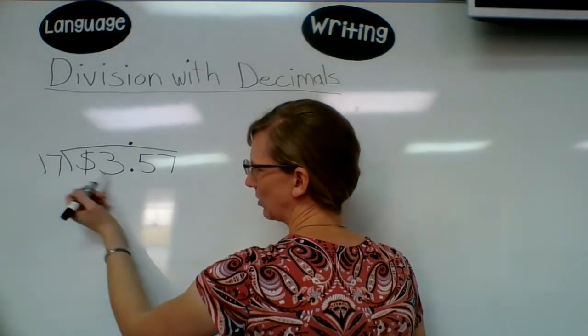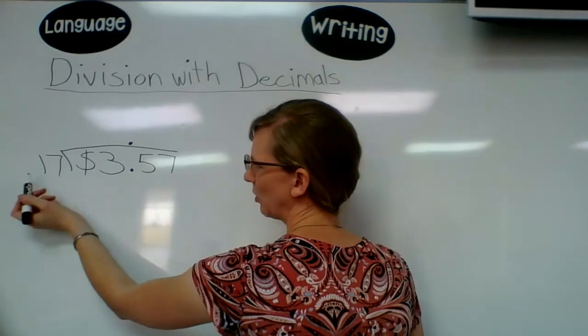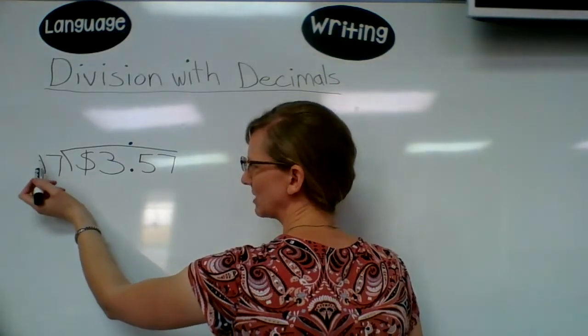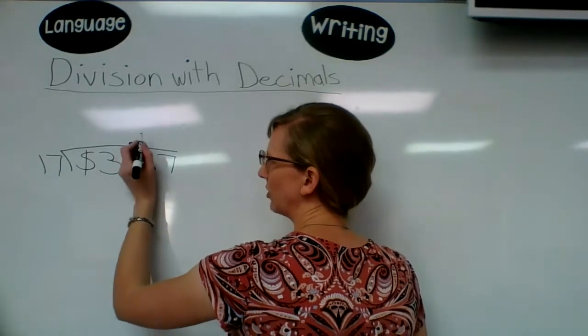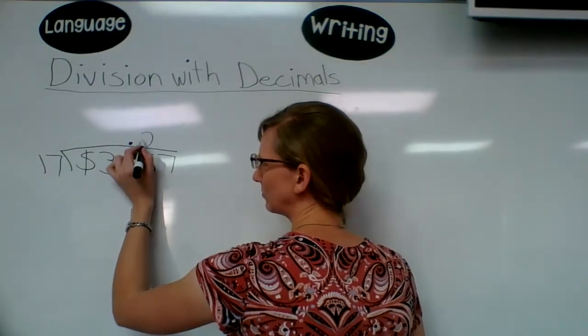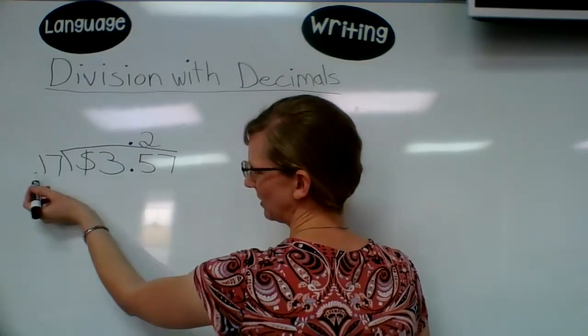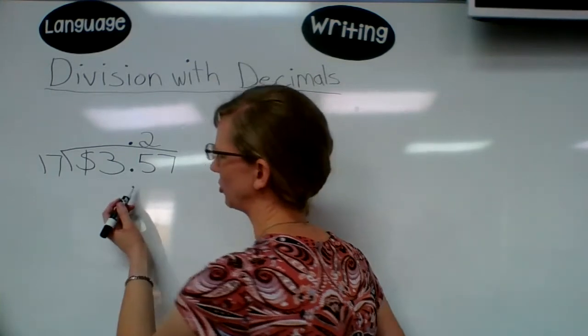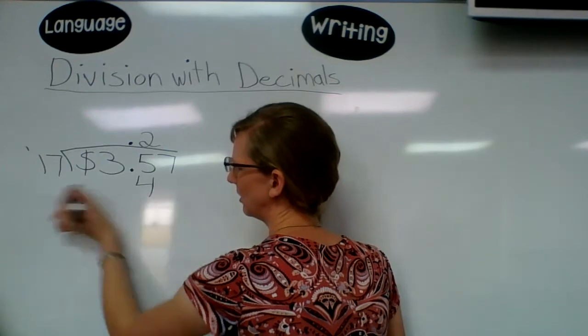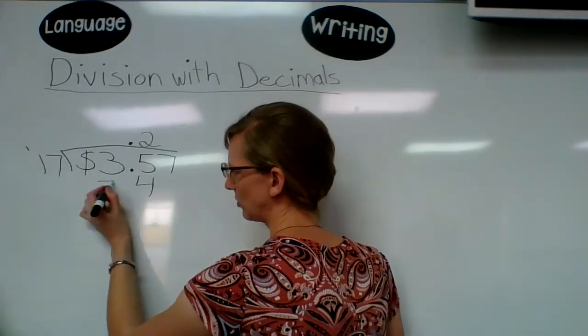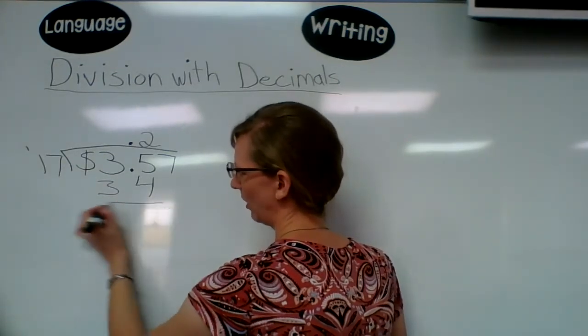So you'd say 1 goes into 3 times, but you already know it can't be 3 times because 37 is more than 35. So you're going to use a 2 instead. You start 2 in because you have two numbers in the divisor. Then you multiply. 2 times 7 is 14. 2 times 1 is 2, plus 1 is 3. 34.